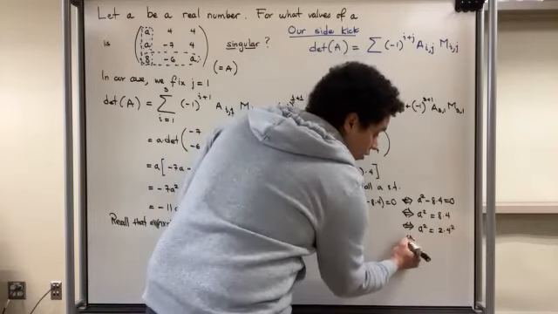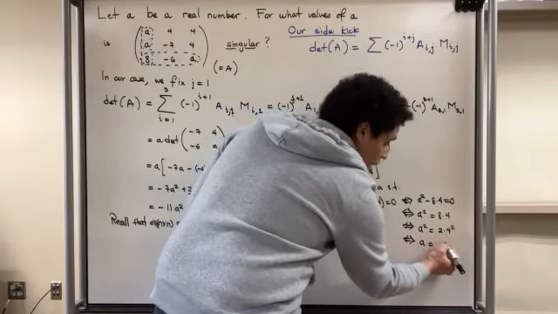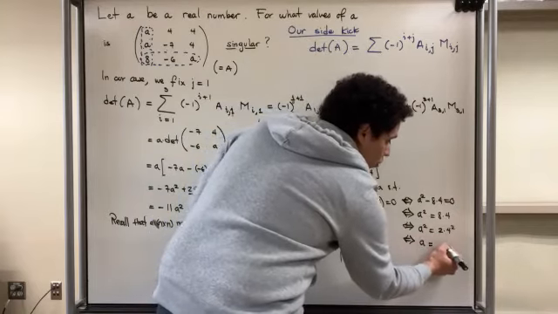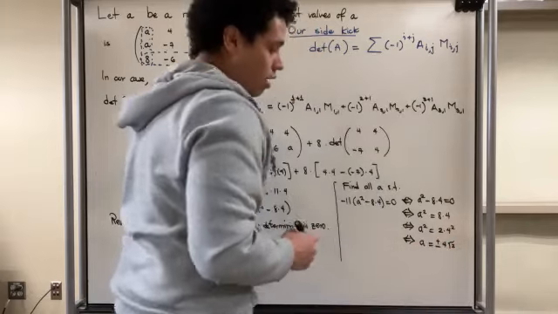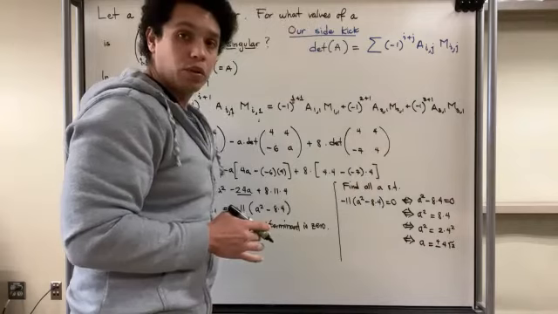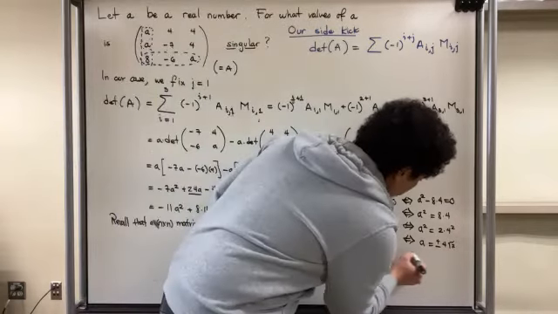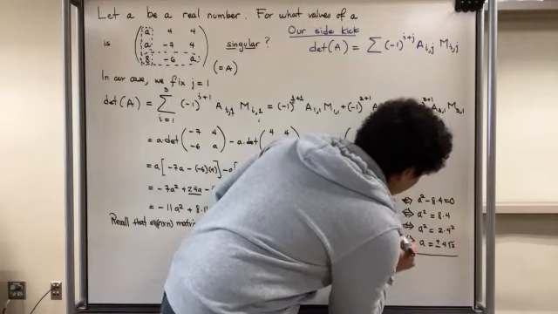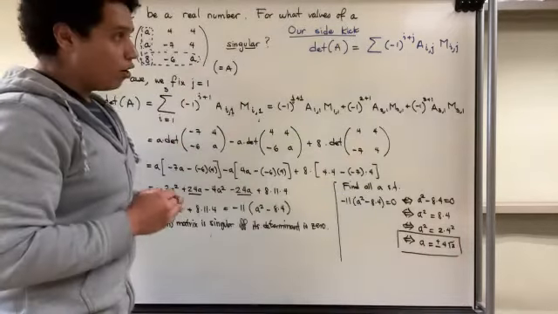And finally, from here, I will just say that a is either 4 times the square root of 2 or -4 times the square root of 2. And well, with this, we finish. Those are all the possible values of a for which this matrix is singular.